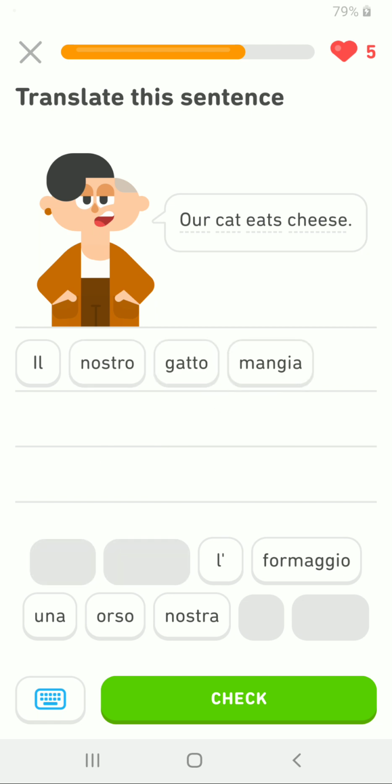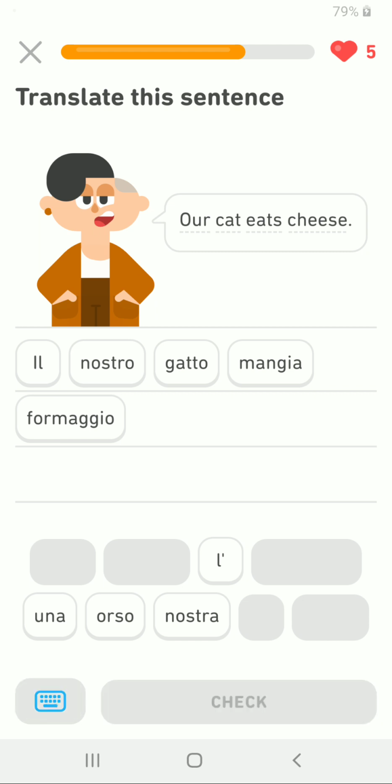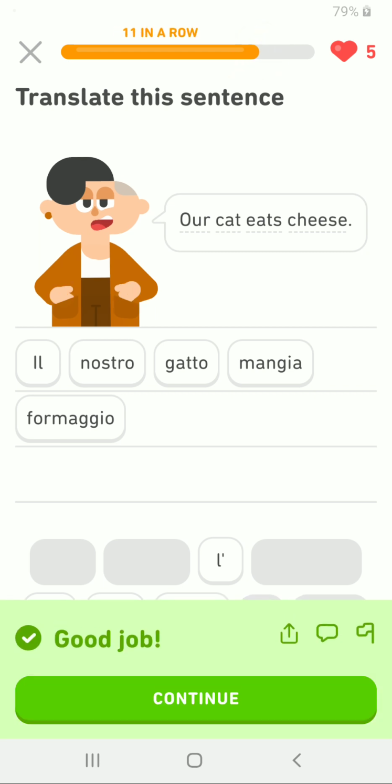So mangiare: io mangio, tu mangi, lui, lei. Mangia what? Formaggio, cheese. So if you like to eat pizza, you know this word, formaggio.